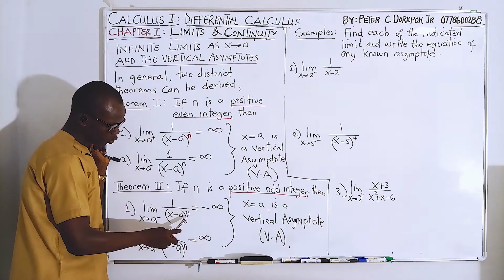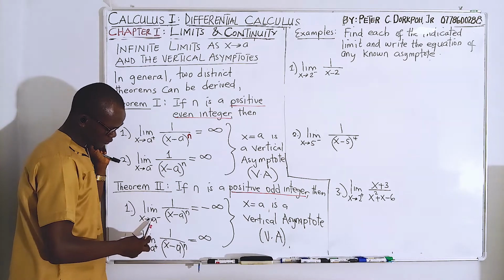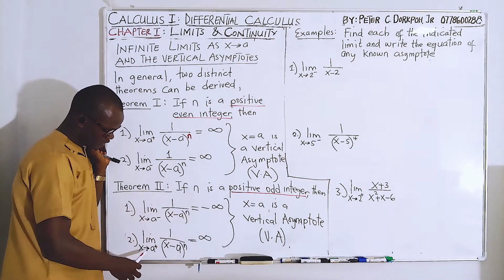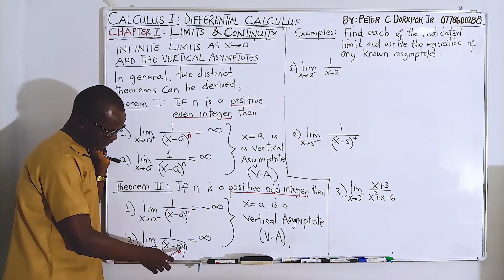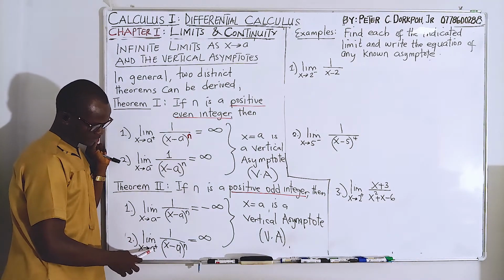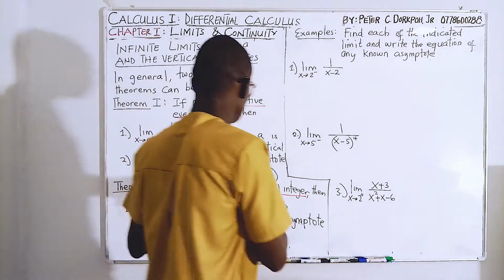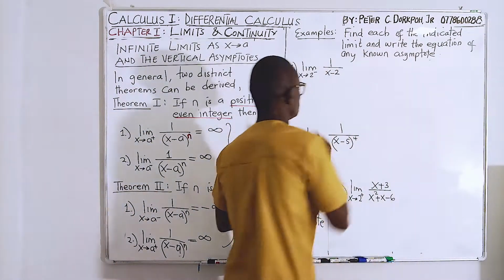So if n is odd and x is approaching a from the left, it will be negative. If n is odd and x is approaching a from the right, it's going to be positive. So from these theorems, we now solve these problems.